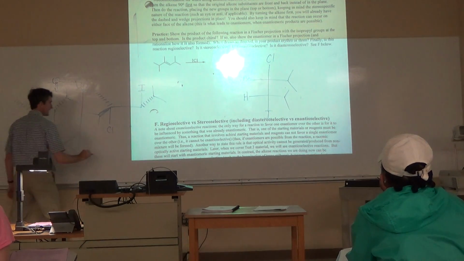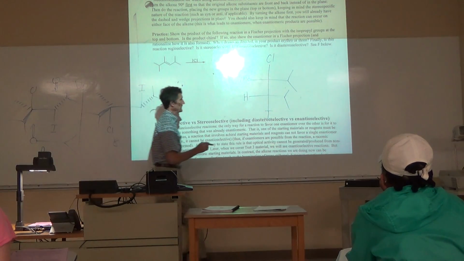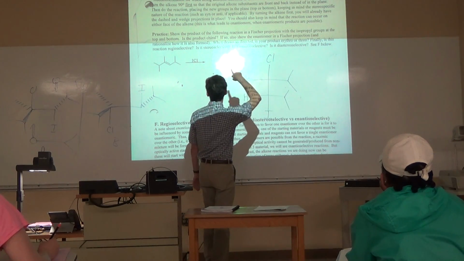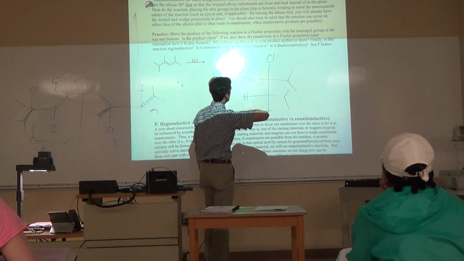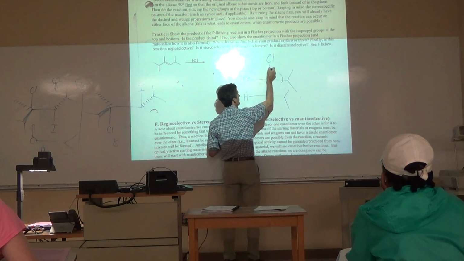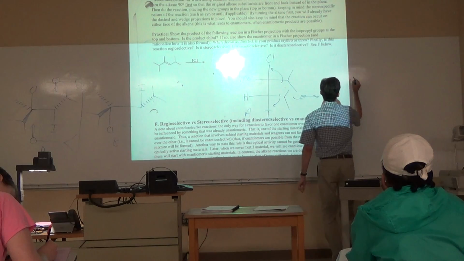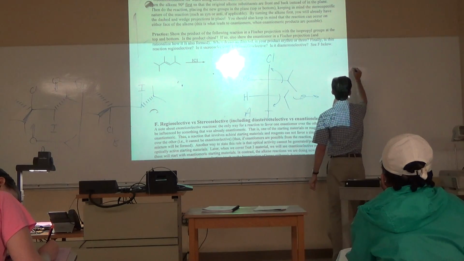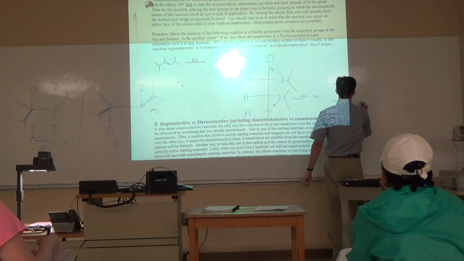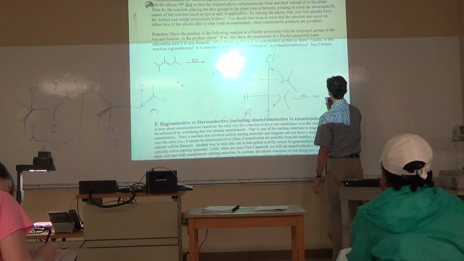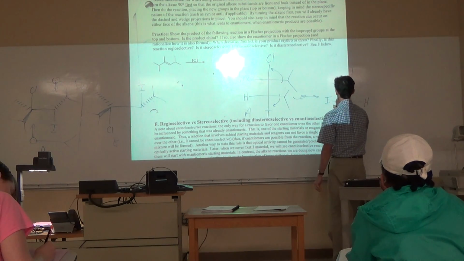There's compound A, this is B, this is A in a Fischer. But it says with isopropyls at top and bottom, right? We can just rotate this up, we can rotate that down. The isopropyl at the bottom, that's going to move the iodine here, the H over here.